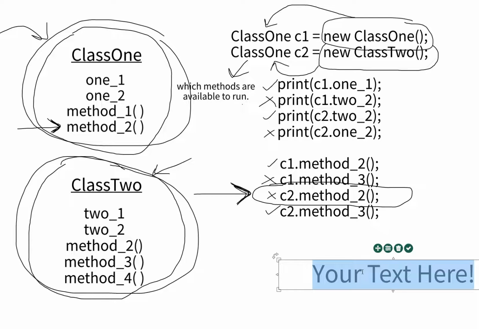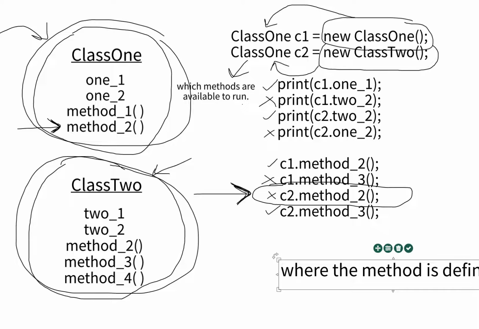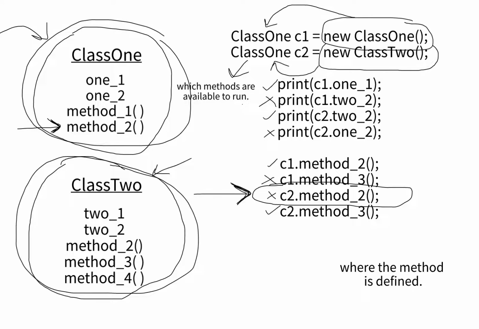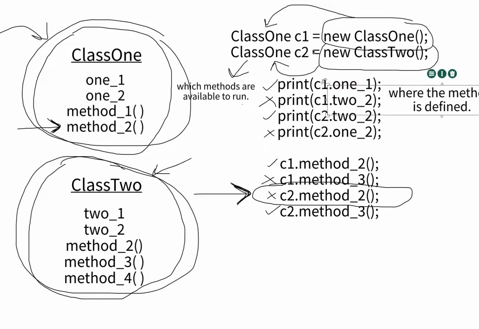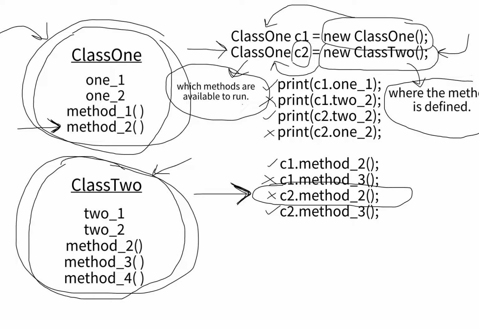And then on the right side of the equal sign, it's where the method is defined. So in this situation, if C2 runs a method, it has to be defined in class 1. But if that method is overridden and also defined in class 2, then that's the method that's going to run. That's the definition that's going to run.